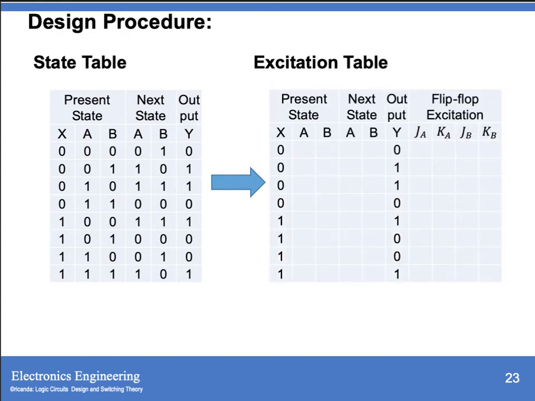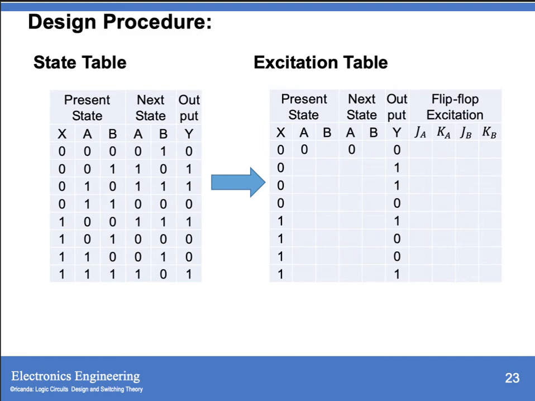So we have the present state when x equals 0 and 1, and we already have your output. Then we have to determine what will be your input combination of your flip-flop if your present state is going to your next state. So we begin with your present state A, then going to your next state A. As you can see in your state table, present state A is 0, it goes to 0 as your next state.